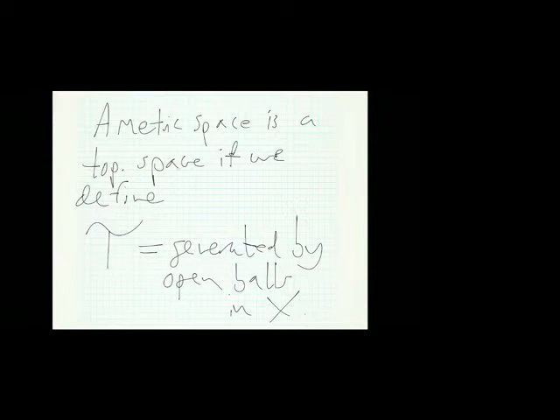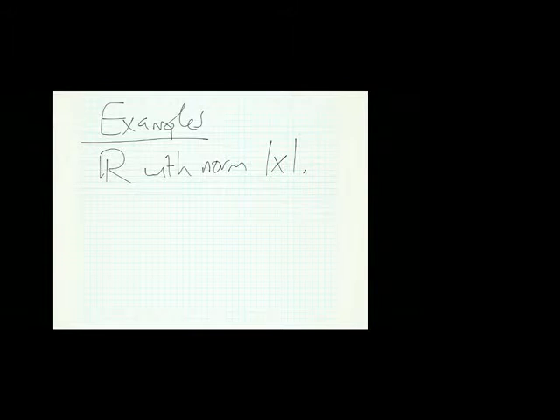So we had seen that example at work already. This is exactly what happened. Well, actually, even R. So R is a vector space over R, and the norm is just the absolute value. So therefore, it's a metric space and also a topology.